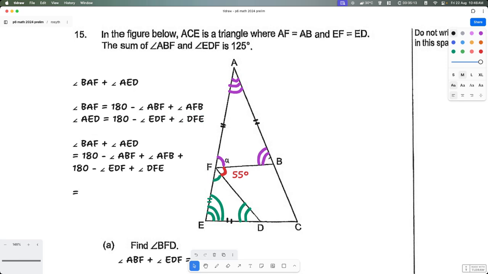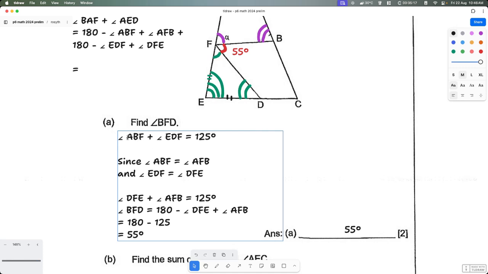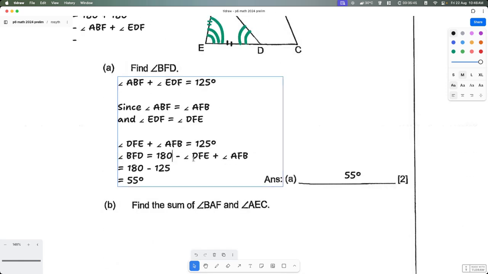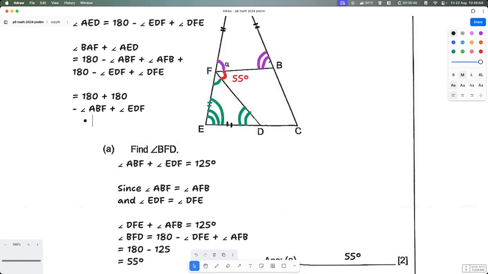Since ABF is this, that means it's just 180 plus 180, minus ABF and EDF, minus the 125s. That is basically 360 minus 125 minus 125.